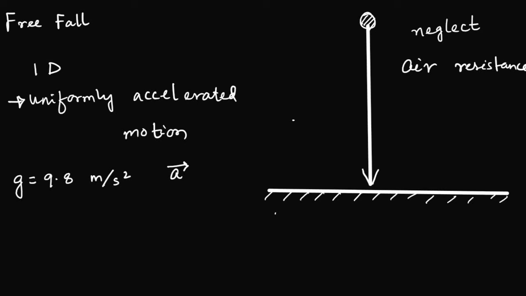Now we already studied uniform acceleration. It is a typical case study we made. Free fall is a typical case study of uniformly accelerated motion.